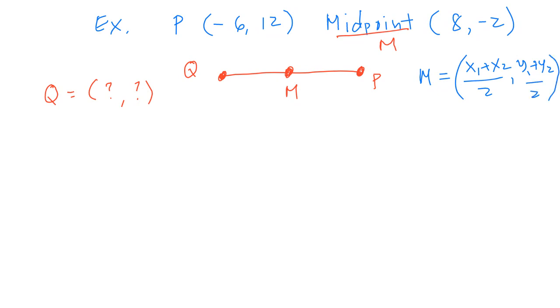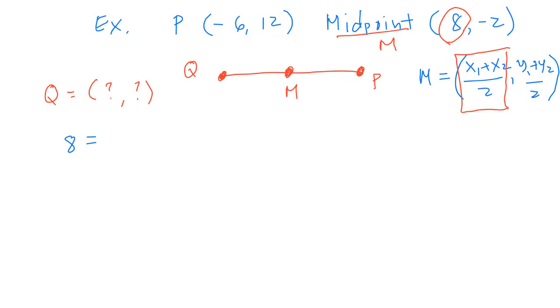So if you're taking the first formula out, and it says the midpoint is at this coordinate 8, then you can just simply say 8 equals, and then you are trying to put the formula, which is x1 plus x2, right?